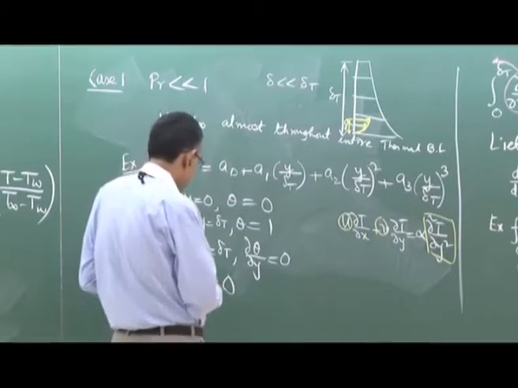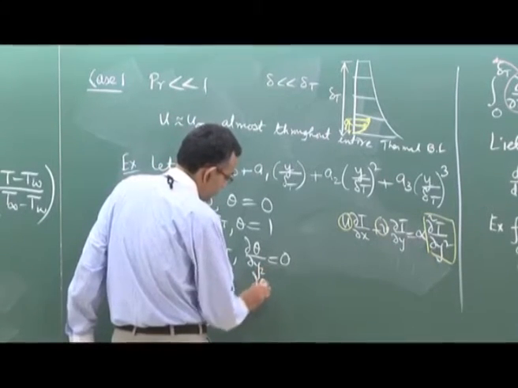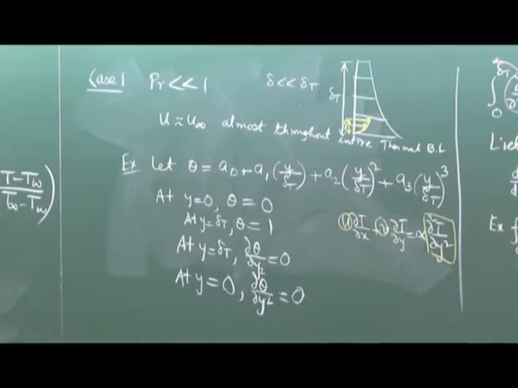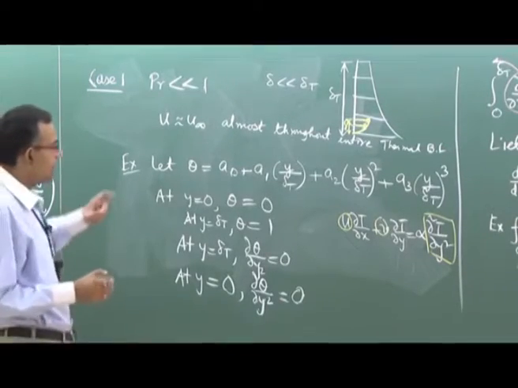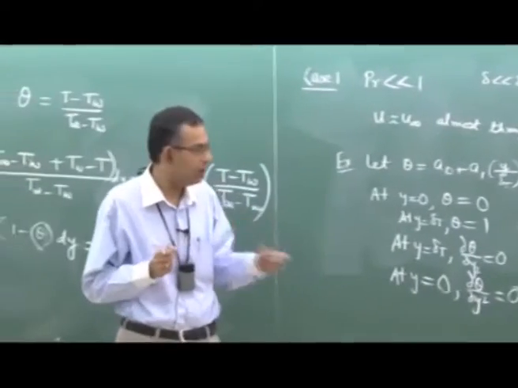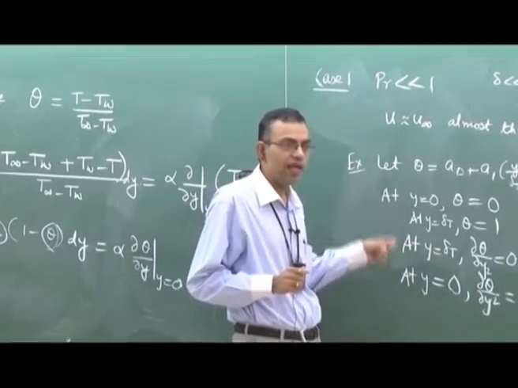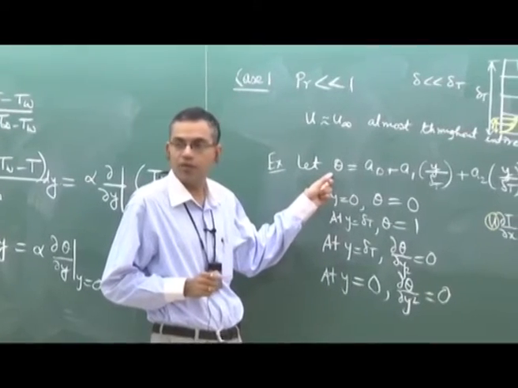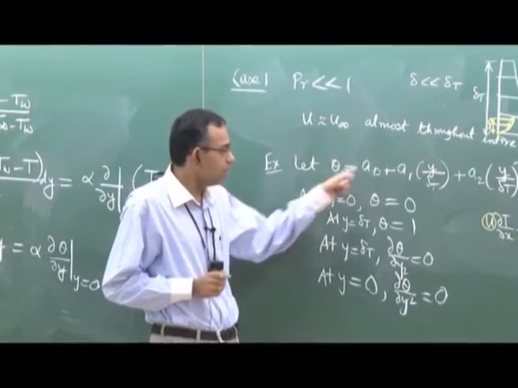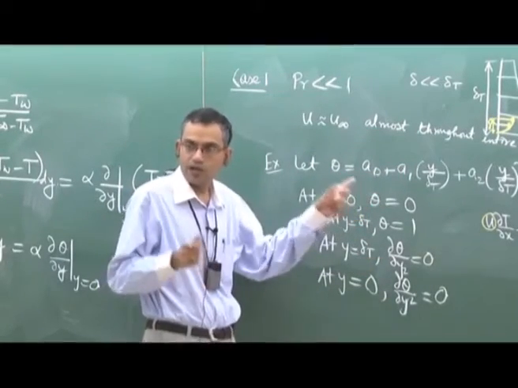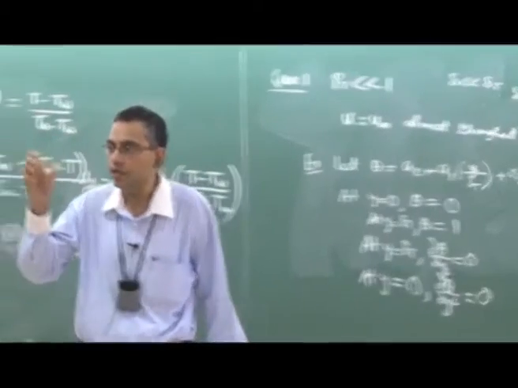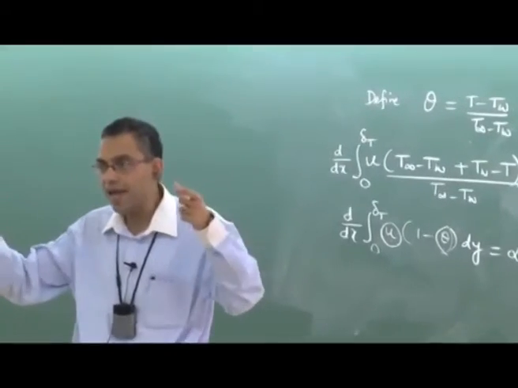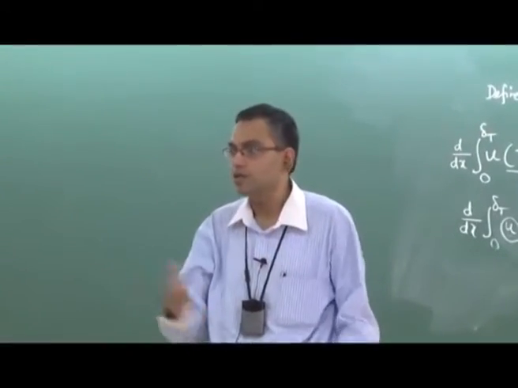So in terms of theta, you can see that if you cast it in proper non-dimensional form, the boundary conditions look exactly the same as those were for velocity when we approximated the velocity profile using this form. Therefore the constants will also be the same, because the similarity is a mathematical similarity.